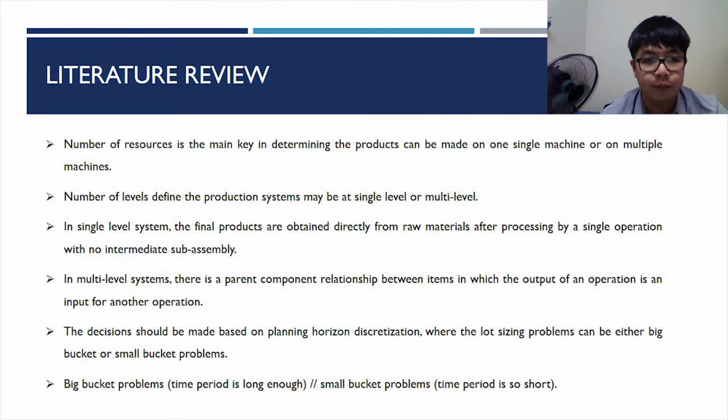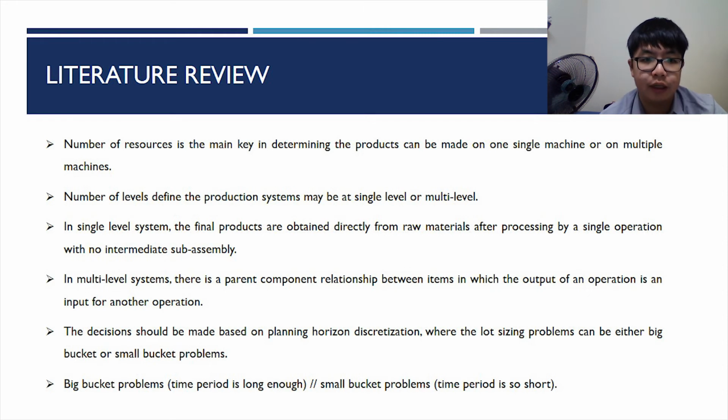There are three features in this model, which are number of resources, number of levels, and planning horizon discretization. Number of resources is the main key in determining whether products can be made on one single machine or multiple machines. Number of levels defines whether the production may be single level or multiple level.